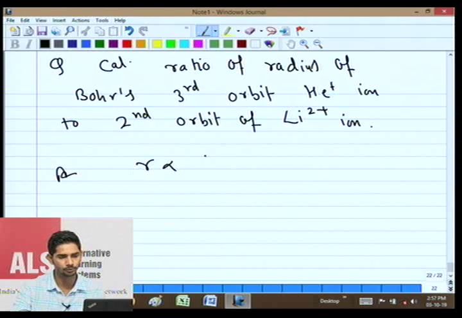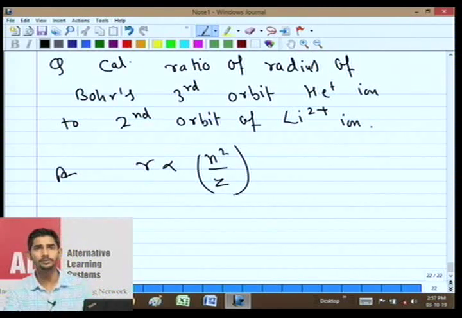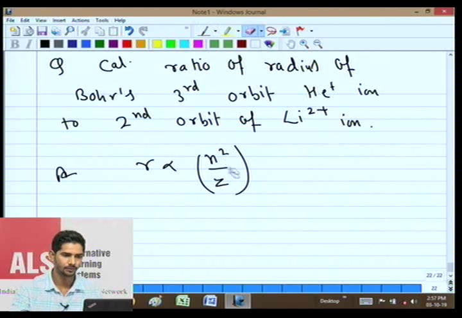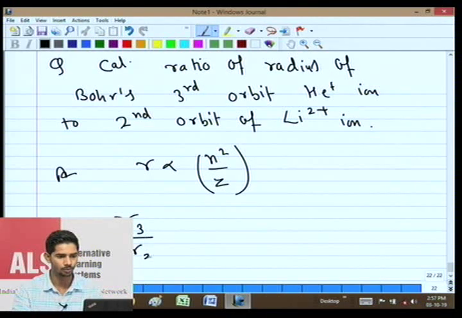Rn is proportional to n square by Z. Actually, in the previous question, Z was the same, since we were talking about the hydrogen atom only. Let me check. We have to calculate R3 to R2.